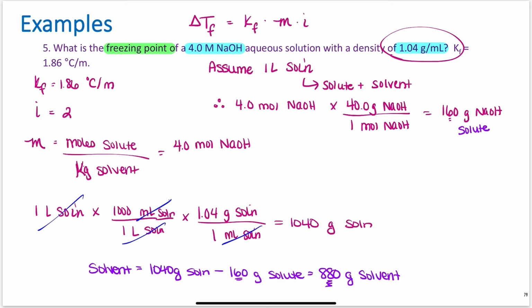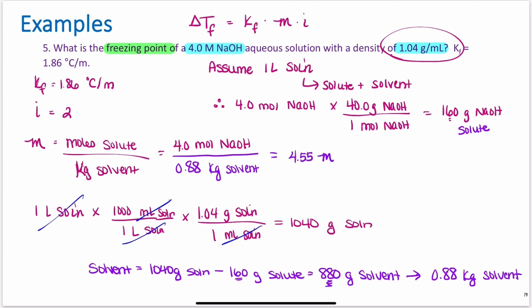I now know my grams of solvent, and this is equal to 0.88 kilograms of solvent. 4 divided by 0.88 gives me 4.55 mol for the solution.